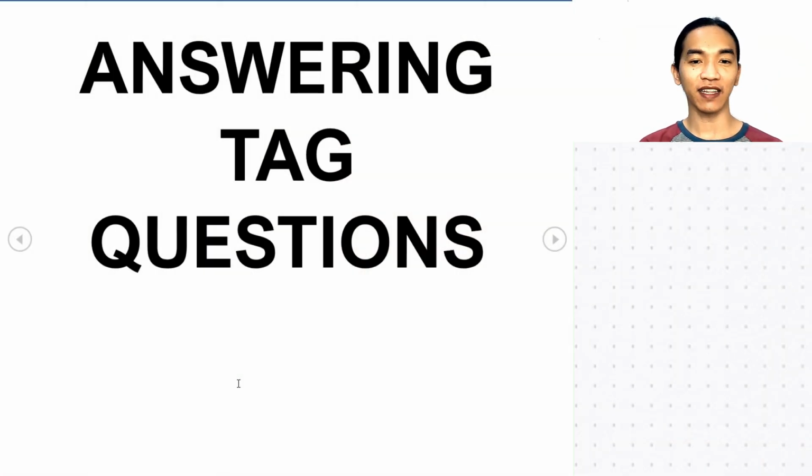Let's go. For this next lesson, we will get to understand and know more about how to answer tag questions. Since these are questions, most of the time they require answers. But how do we actually answer them when we are mixing up the construction of the question?